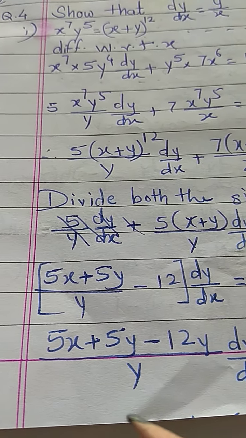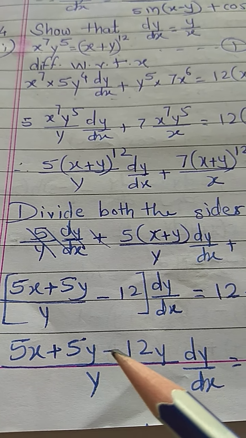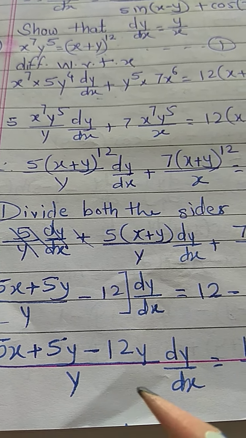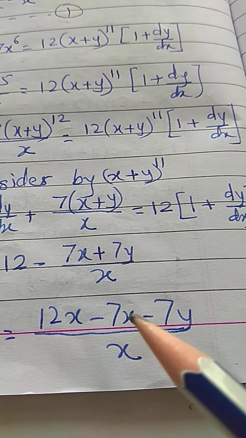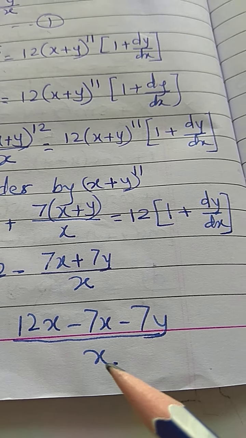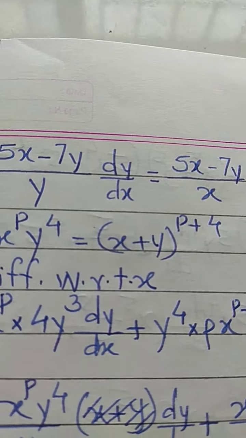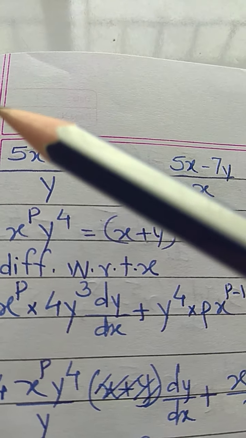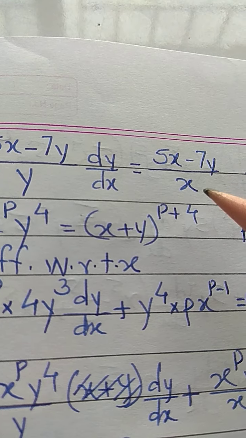Okay, so what remains here is (5x minus 7y) upon y times dy by dx equal to this, 12x minus 7x is 5x, minus 7y as it is, upon x. See here, (5x minus 7y) upon y dy by dx is equal to (5x minus 7y) upon x.